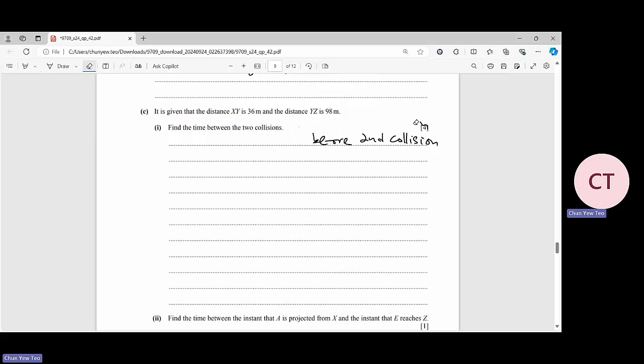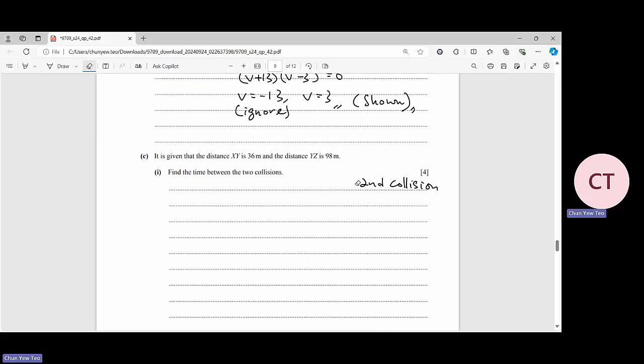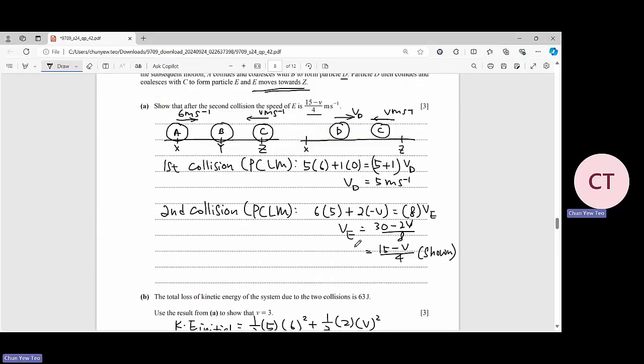So we need to find how long it takes to get the first collision. The first collision is only between A and B. The question mentioned this one is 36 and this one is 98.